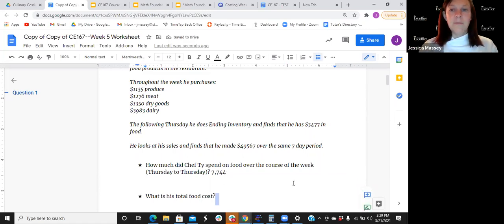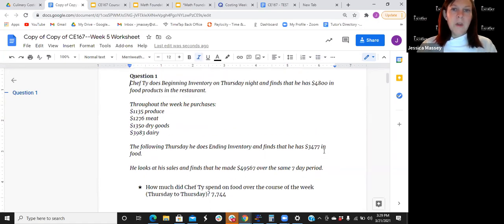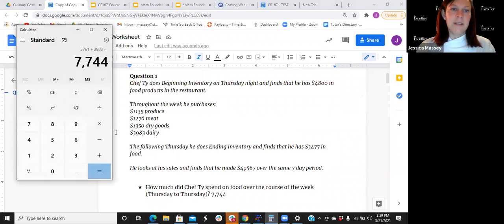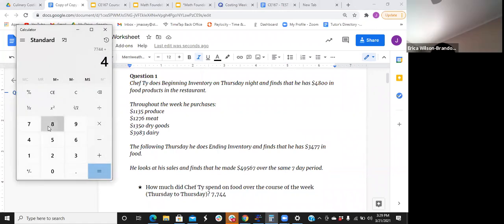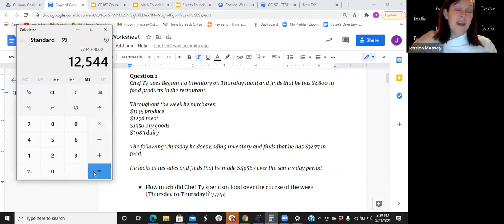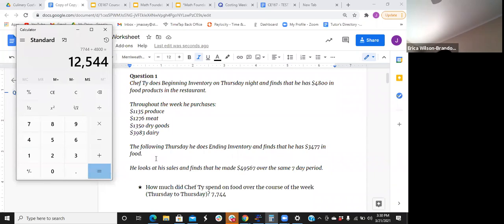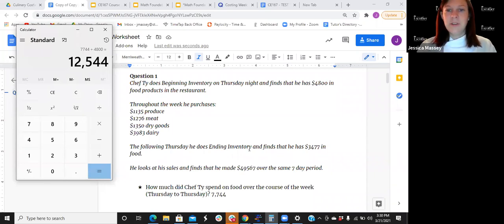You take that number, that's how much was spent, and add it with your beginning inventory, 4,800. And we get 12,544. Then you subtract from that his ending inventory, which right at the bottom, the following Thursday, he finds is 3,477.